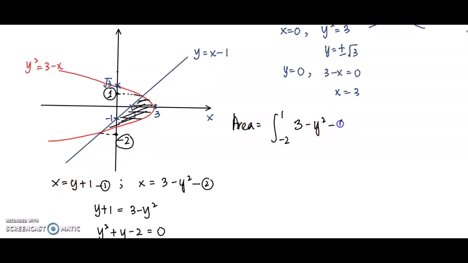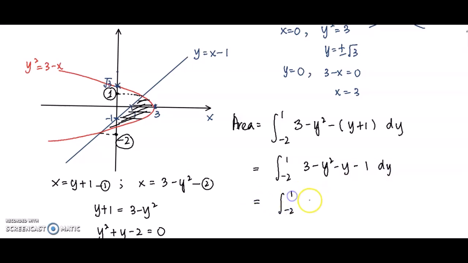I put it as y plus 1 because now I'm integrating with respect to y. So simplify first before you integrate. You have 3 minus y squared minus y minus 1 dy, and simplify further: negative y squared minus y, and 3 minus 1 gives 2.